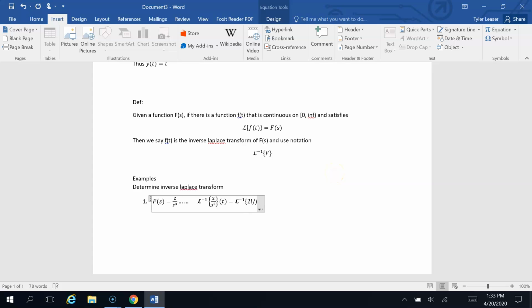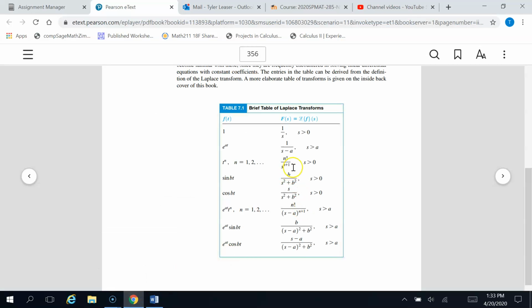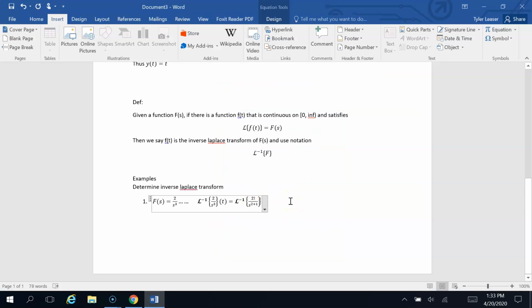That s in the bottom, I could rewrite as s to the 2 plus 1. This and this are the exact same thing, but now this is in that format where my n is equal to 2. So if I go back over to this page, if I substituted in n to be 2, that would give me t squared. So in other words, the inverse Laplace transform of 2 over s cubed is t squared.